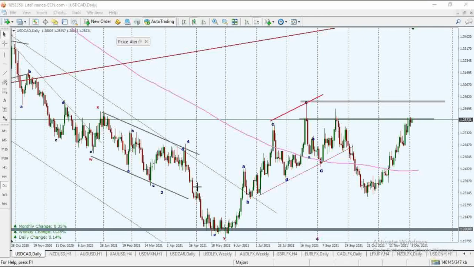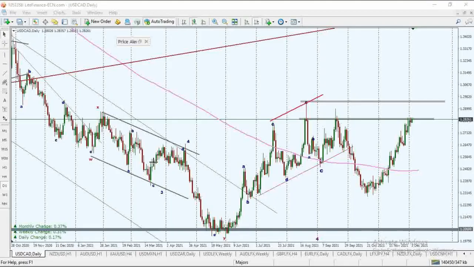Okay, and you should also remember that corrections are what they are until confirmed. So you have an impulse, you have a correction. This would remain a correction until price can break above a previous structure such as this one. If price continues in the correction, irrespective of whatever structure you see as support, you can't buy here.